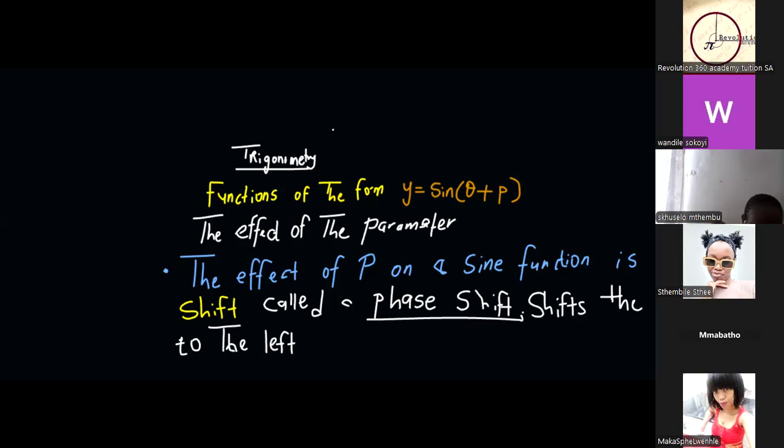So one thing that you must understand is that this value of P, we consider it as a phase shift. It's either the graph moves to the left or the graph moves to the right. And if you can understand that, I think you'll be on the safe side.